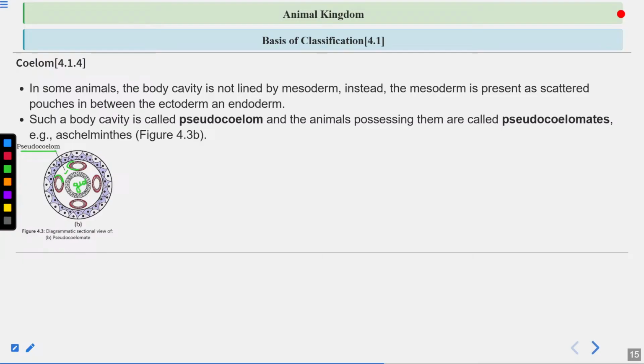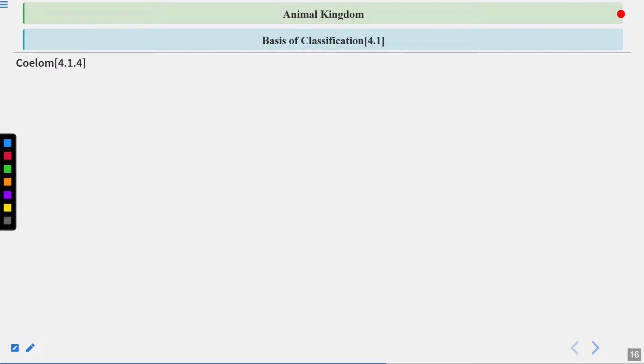So these body cavities are of the pseudocoelom type. Body cavity is there, but it is present in small pouches, and the cavity is not lined by the mesoderm. So such cavities are called pseudocoelomate. And the very good example is the Aschelminthes, roundworms.